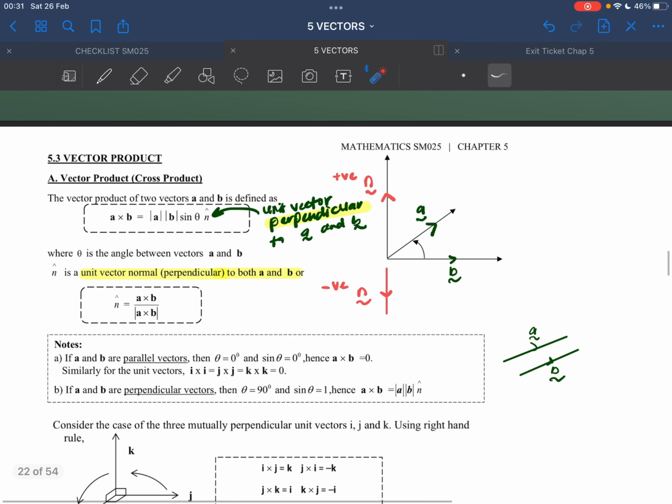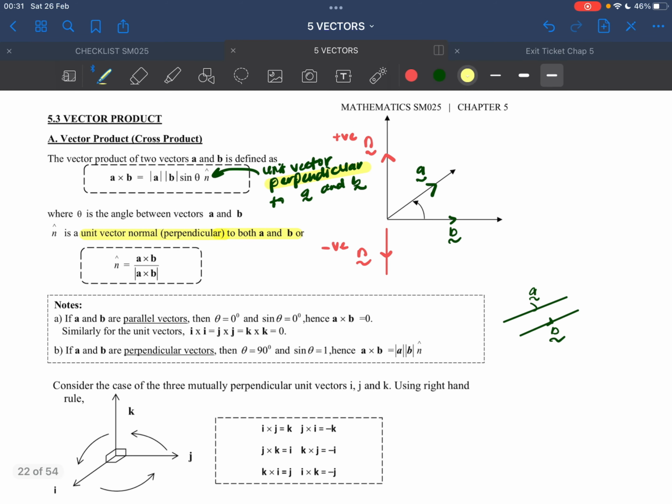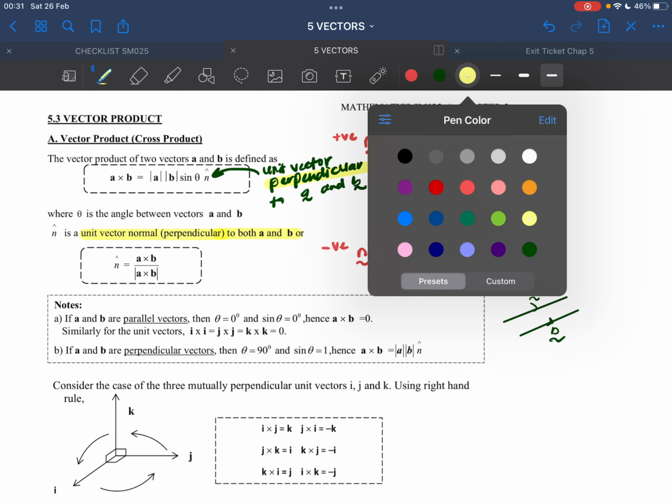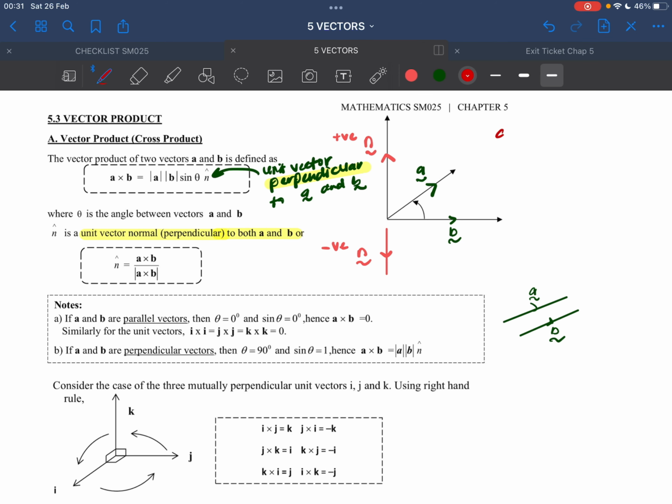If you remember, let's recap. For your scalar product, A dot B equals 0 is when A is perpendicular to B. But for vector product, if A cross B equals 0, that means A is parallel to B. So these are the two things you have to remember.